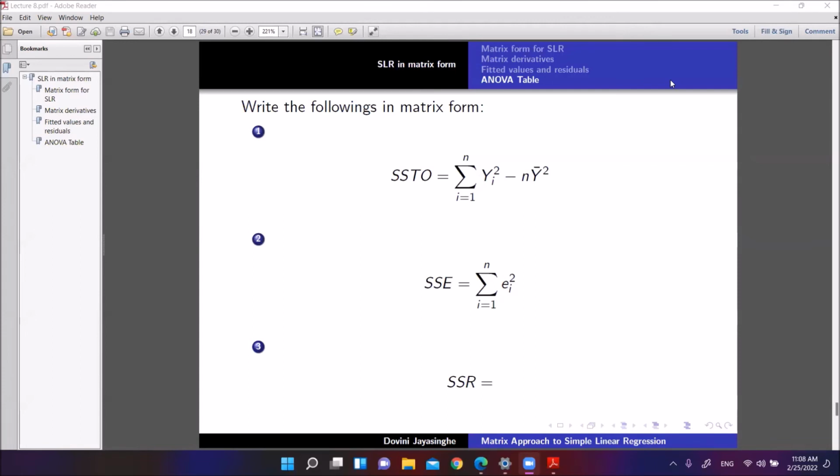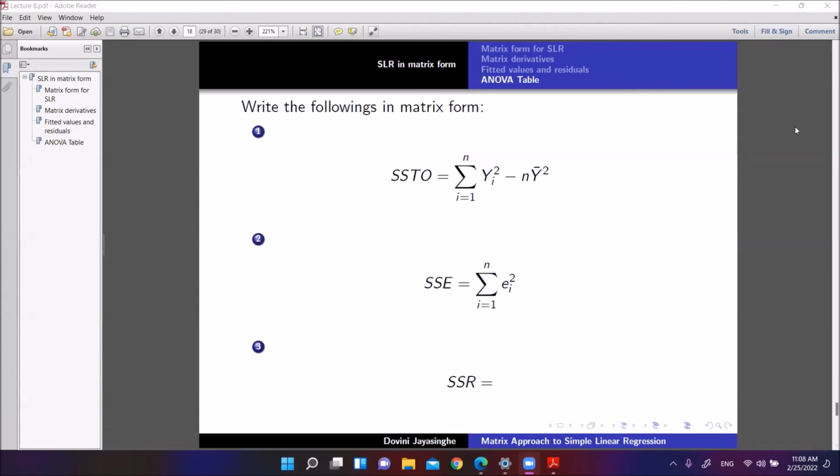Excellent. One person has sent me the derived formula of the matrix representation of SSTO, and that is correct, exactly. So just because one person has done it, I'll do it on the whiteboard for SSTO. The person who has already done SSTO can try doing SSE and SSR.